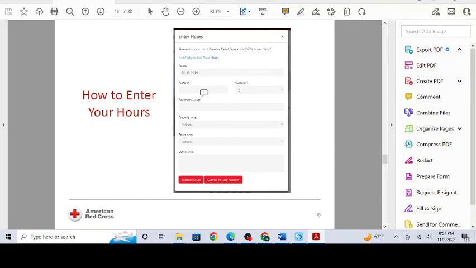Now, I was talking about how you need to put in the time for the stuff that you do, or we suggest anyway. We recommend it. Some people will put in the time as soon as they do the activity. Sometimes people will do 2, 3, or 4 activities and then put it all in at one time. All that is fine.